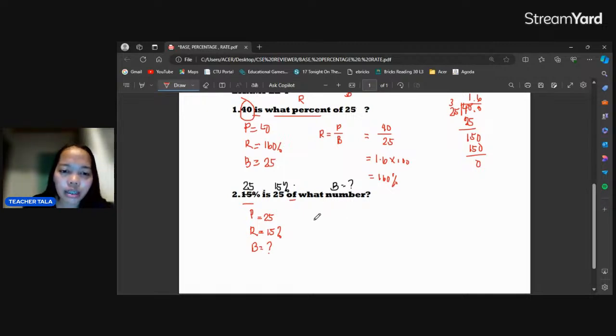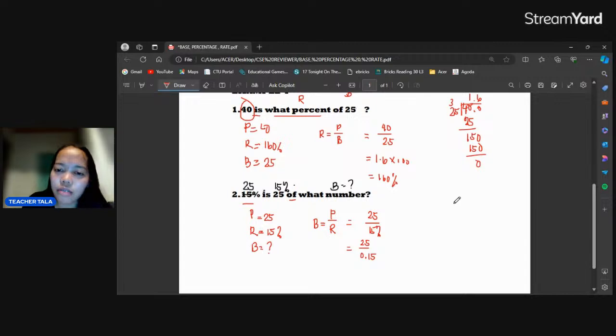So, base sa triangle natin, nasa ibabaw pa rin si P, tapos nasa ibaba si R. So, let's just substitute 25 over 15%. Now, to proceed to solve the problem, we are going to convert the percent, the rate, to the decimal number. So, 15% magiging 0.15.